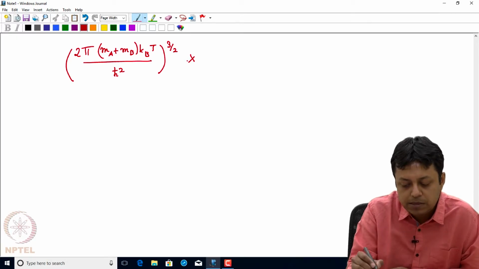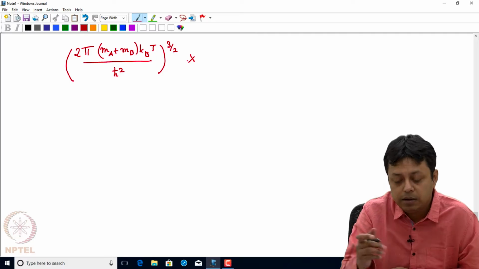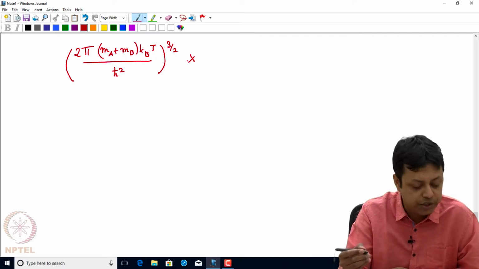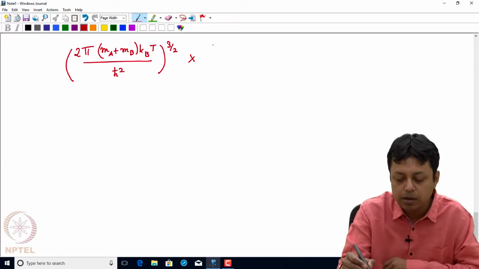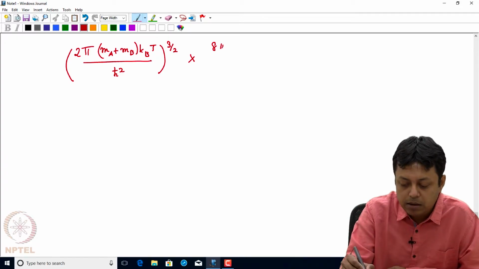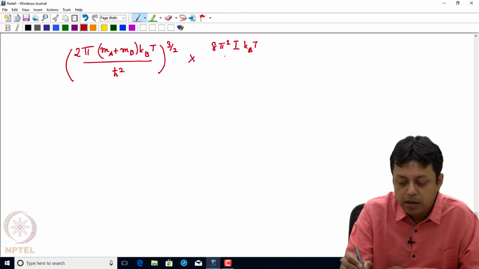Then it will have its vibration, which we have already taken care of, and it will have its own rotation. The rotational partition function, if you remember the formula, is 8 pi squared I, where I is the moment of inertia, kBT by h bar squared into sigma.